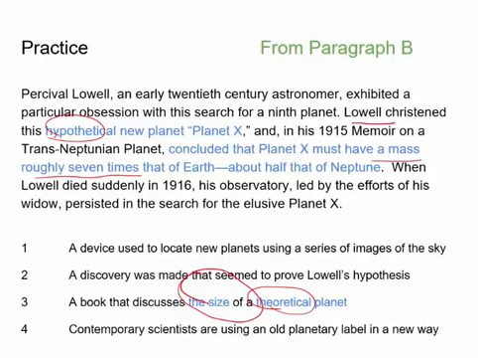So here we have this book. It's a memoir that discusses a hypothetical planet and discusses its size, that it's about half the size of Neptune or 7 times the mass of planet Earth. Okay, there we have that discussion. So we get it in paragraph B.